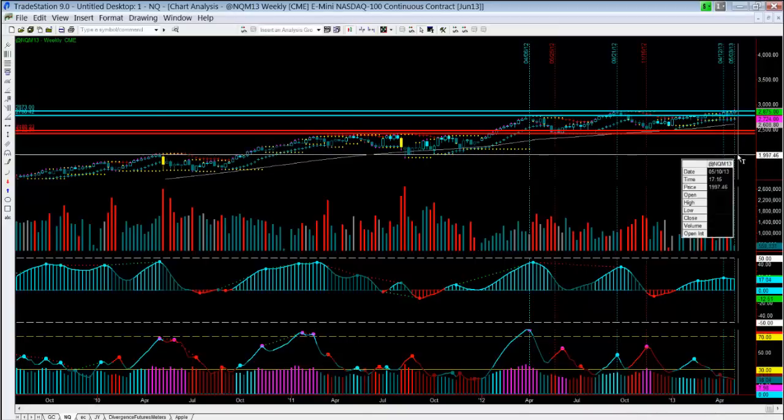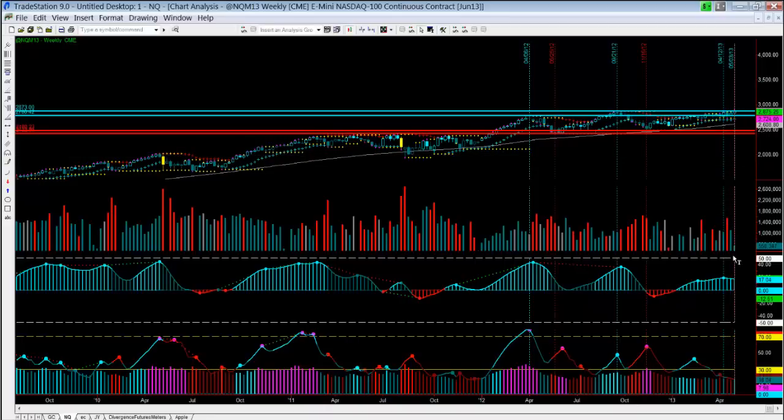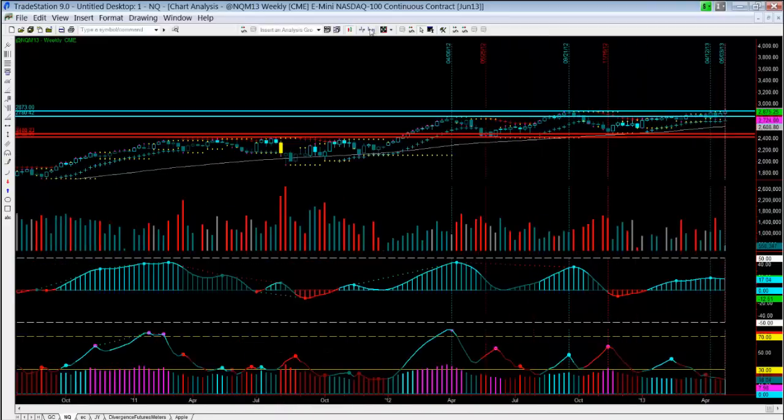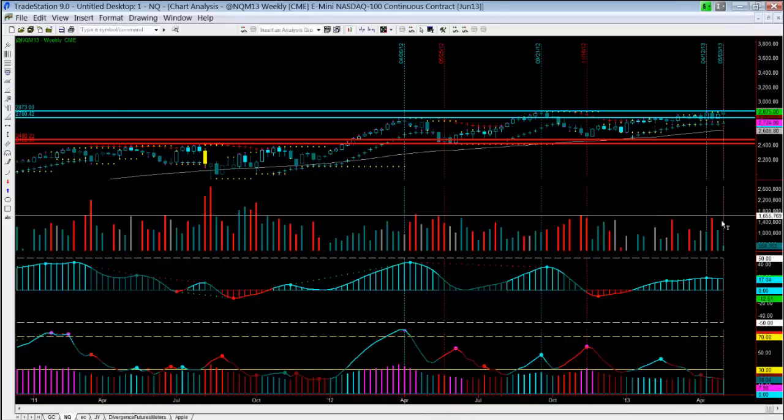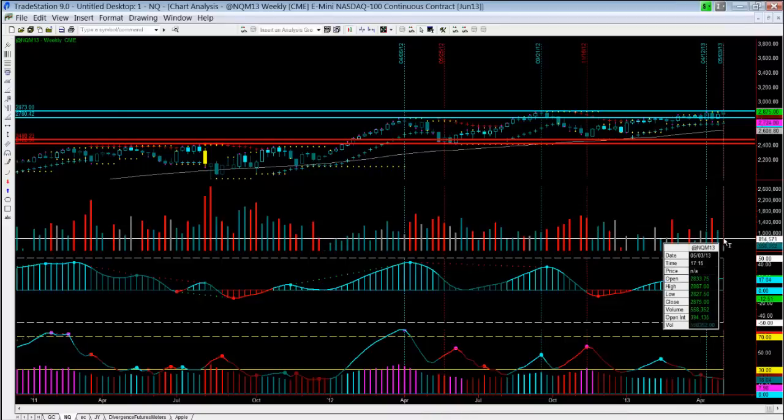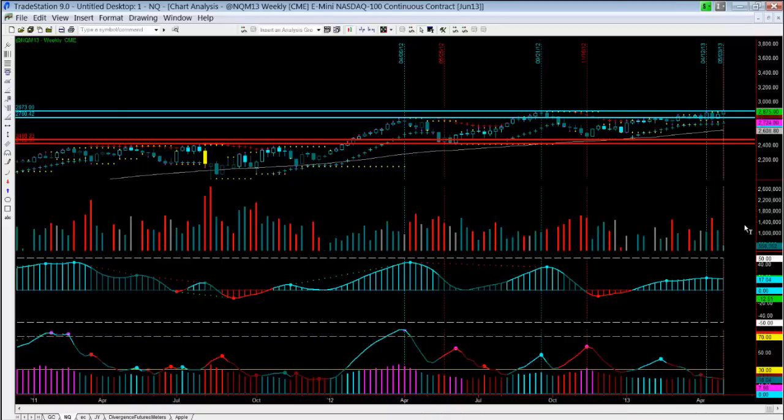Now, the issue here is Friday afternoon, because Friday afternoon is when we can actually read this volume bar. Right now it's building, so we cannot read it, okay? So what we need to do is wait until Friday afternoon and actually see if the volume comes in for that.